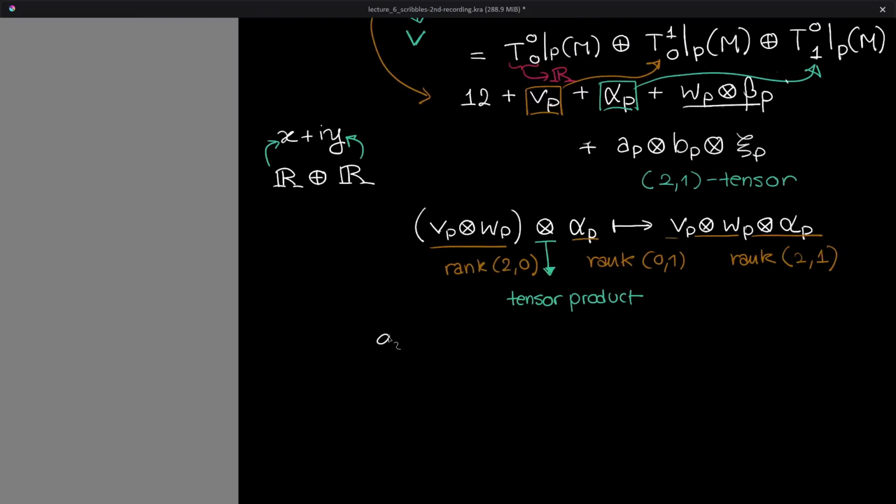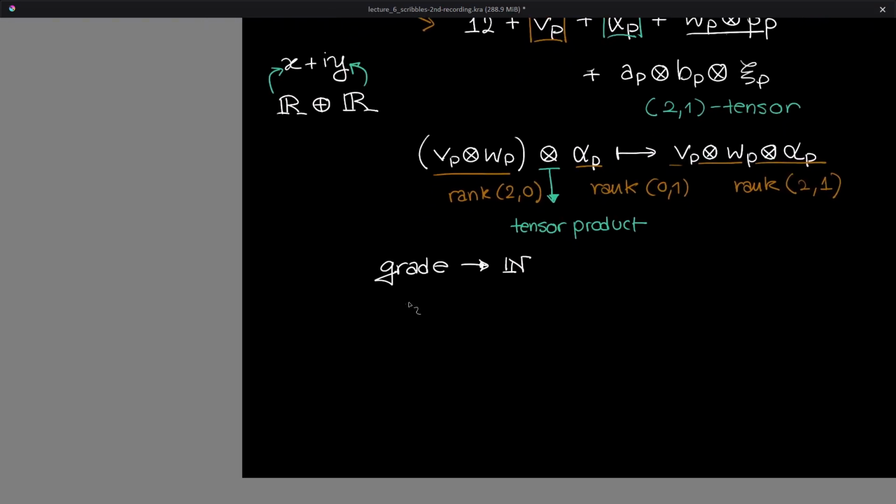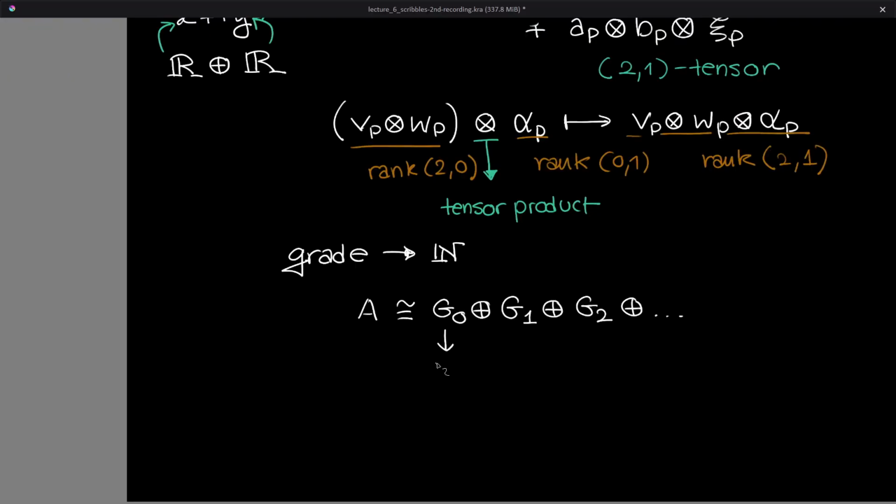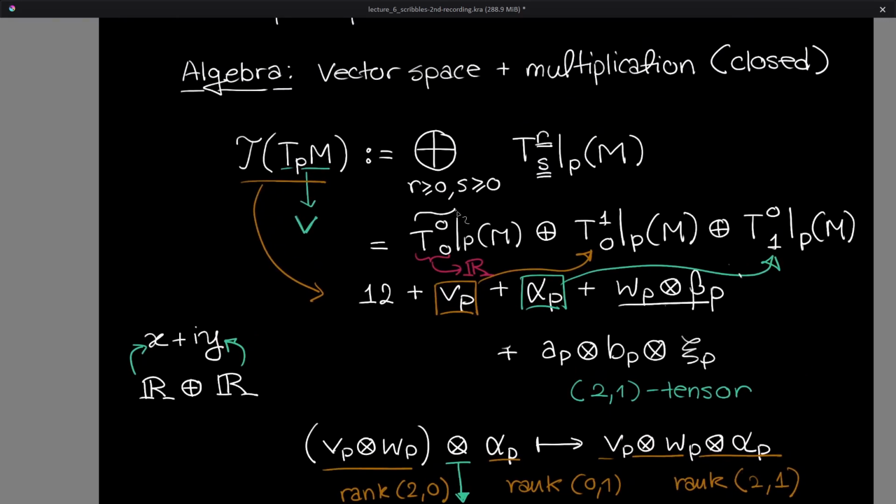The grade in a graded algebra is a natural number, and it signifies this: if your algebra is isomorphic to, let's say, G0 direct sum G1 direct sum G2, these are just generic spaces, and so on, then these would be grade 0, and then these would be grade 1, etc. So in our example, these are the grade 0 elements.